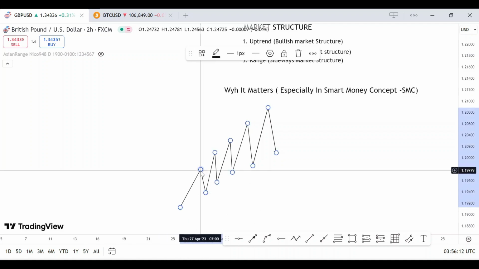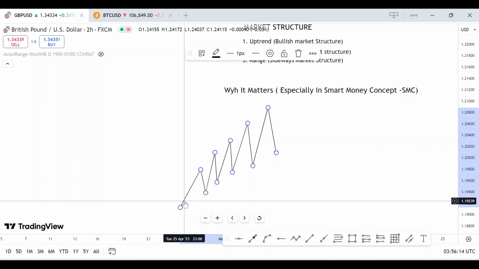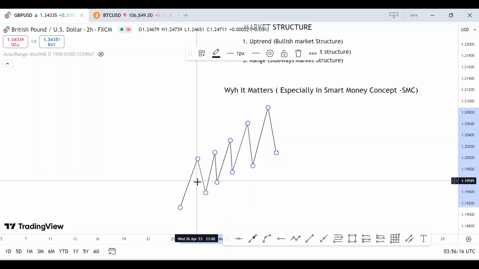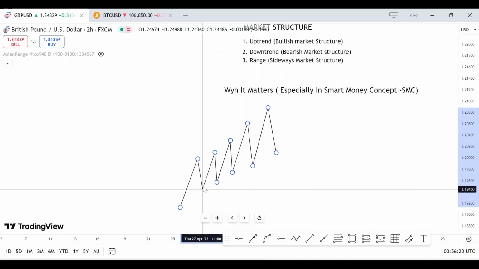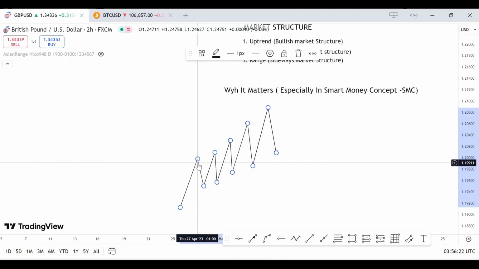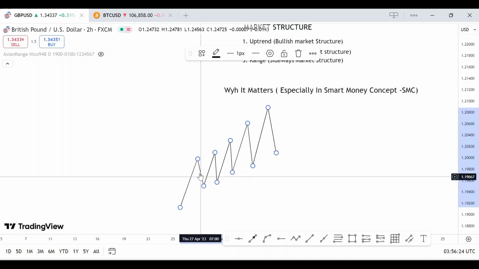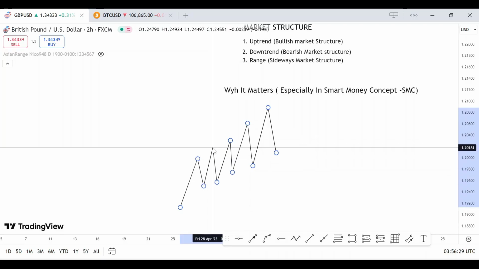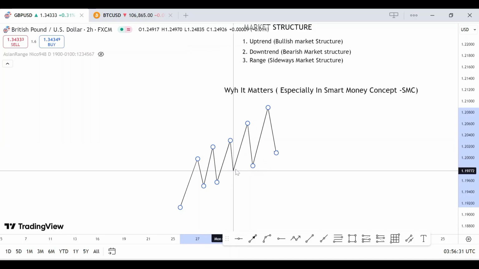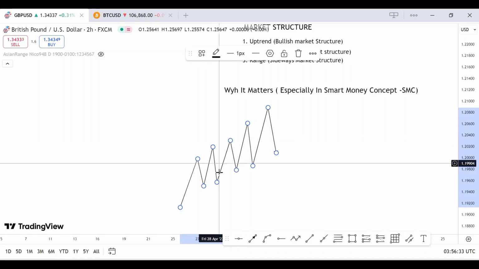This move right here is called an impulsive move, while this other move, from this spot to this spot, is called a correction move. This is an example of an uptrend, price making a series of higher highs and higher lows.